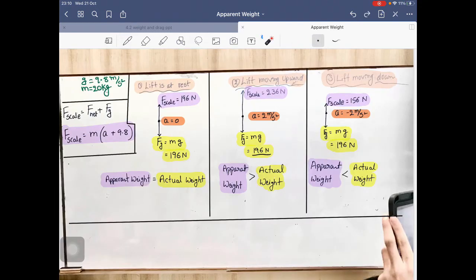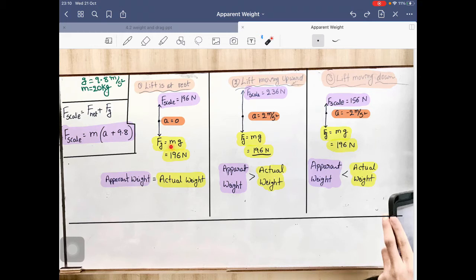Let us say a person of mass m, 20 kilograms, is standing on a scale in a lift. In the first case, if the lift is at rest, that means the acceleration of the lift is 0. The weight of the person will be mass times the gravity.